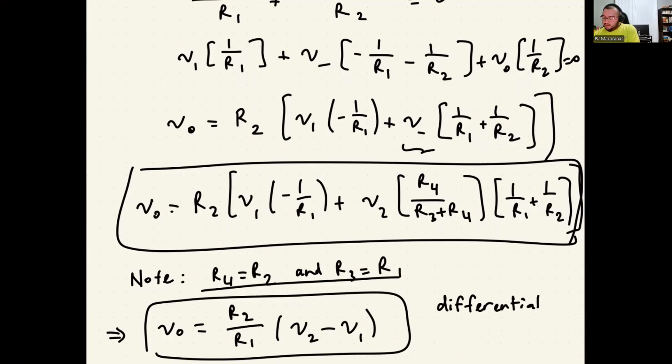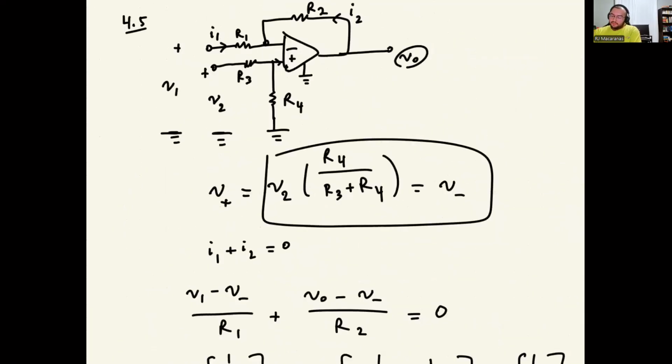It's called a differential amplifier in the sense that it's amplifying the difference between the two input voltages, right? I've got V2 minus V1, and then I'm just scaling it up by some constant here. So in any case, the output is proportional to the difference in the input voltages. So there you have it.